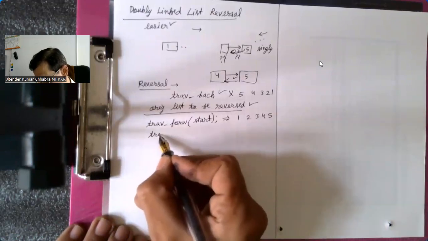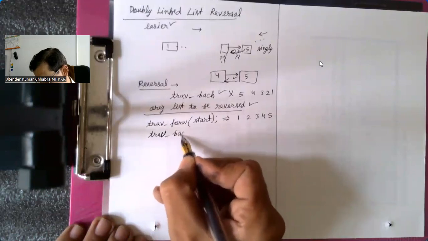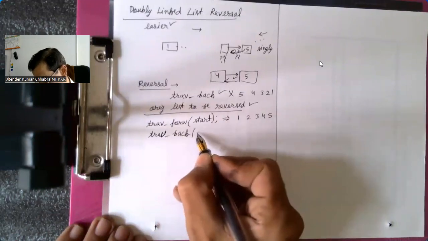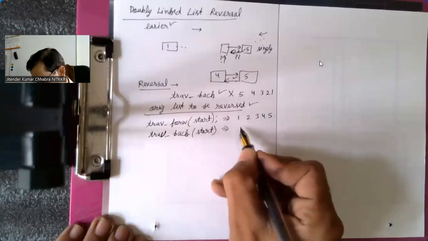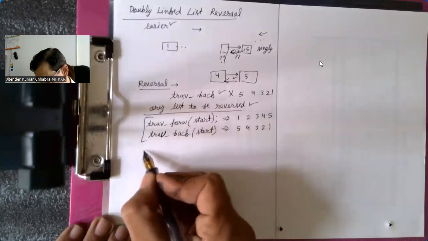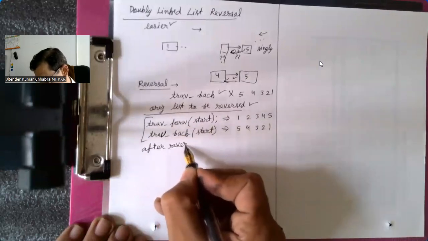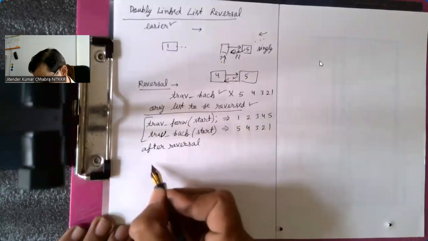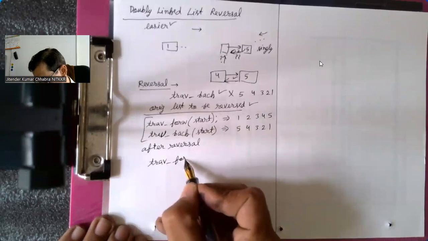but traverse back must display the reversed data with the same variable start. That will display 5, 4, 3, 2, 1 initially. After reversal, the things must change. After reversal, the same call should display a different output.